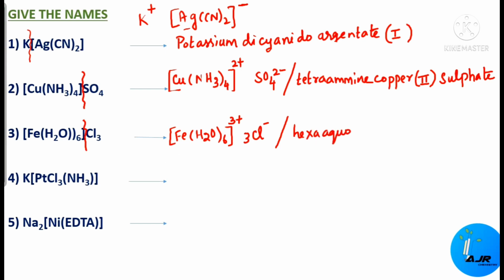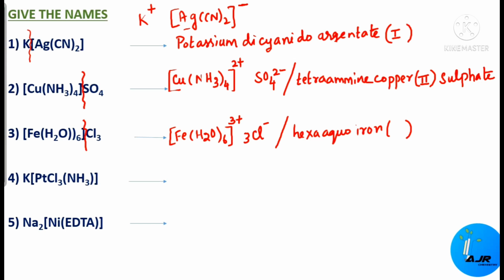See here. This is a cationic complex. So you can write the name of the central metal atom as such. Okay. So it is iron. It is iron, right? And then we should give the oxidation state. And what's the name of this ion? It is chloride. Since it is present outside this square bracket, we can write it as chloride.